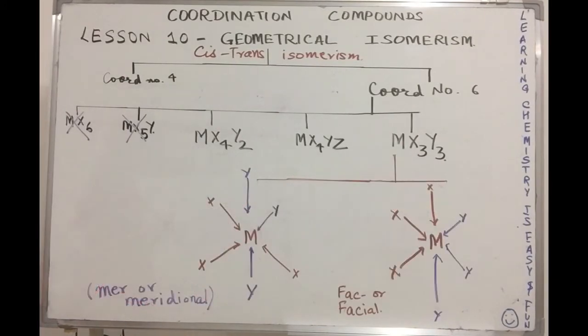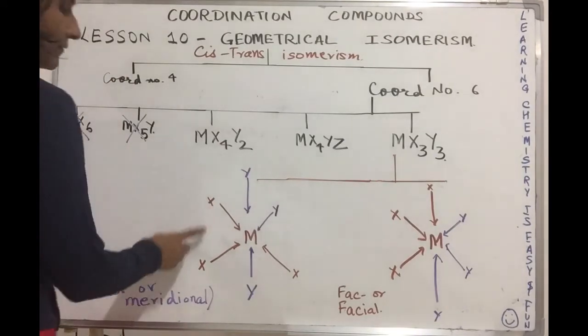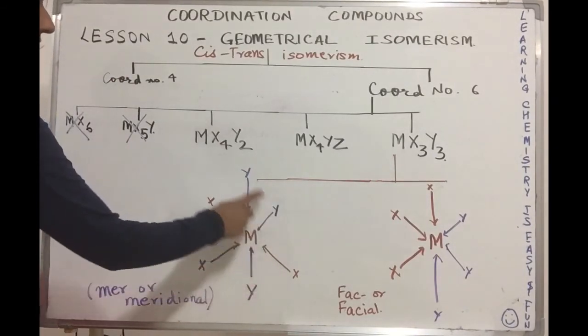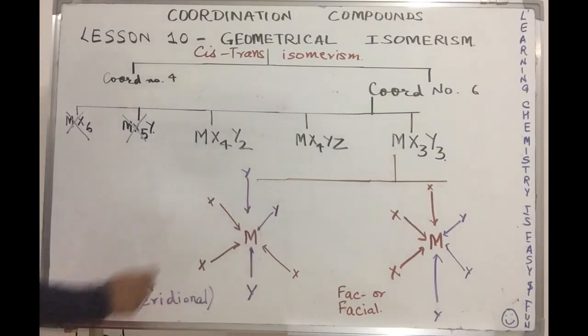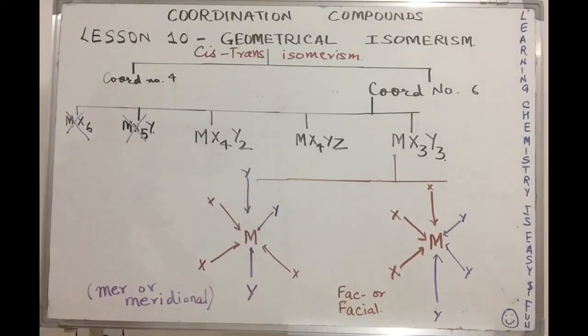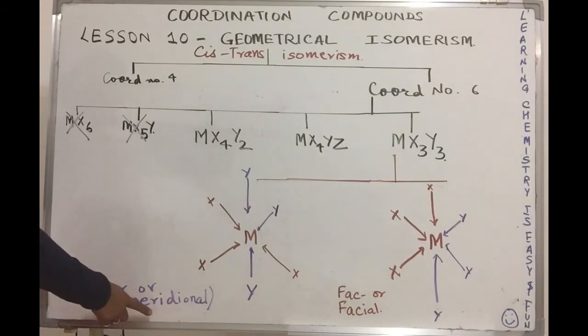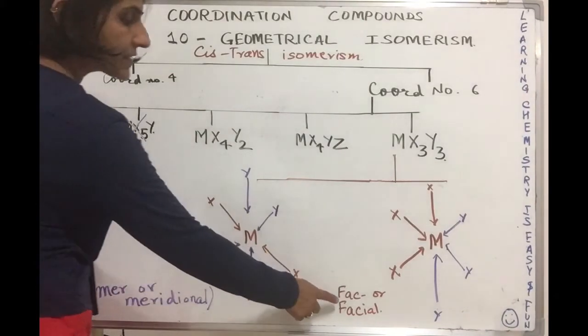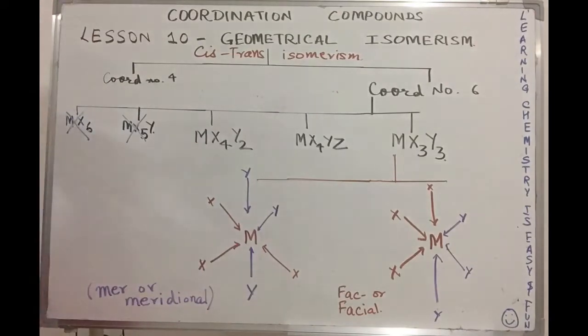So let's come to the case MX3Y3. That means I have 3 ligands of one type and 3 ligands of the other type. Now if you notice over here, I have put 2 words over here. They are not cis and trans. They are mer for meridional and fac for facial.